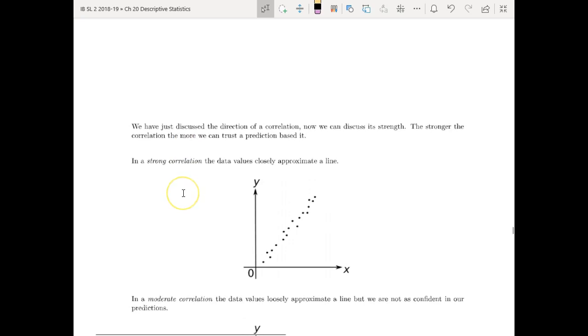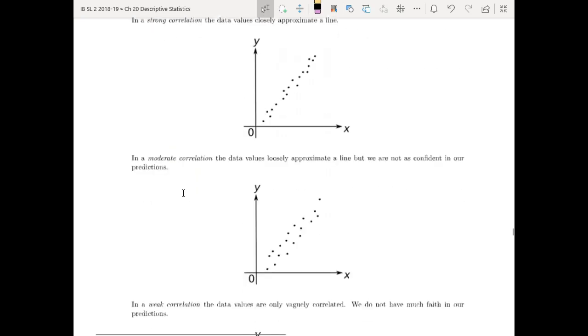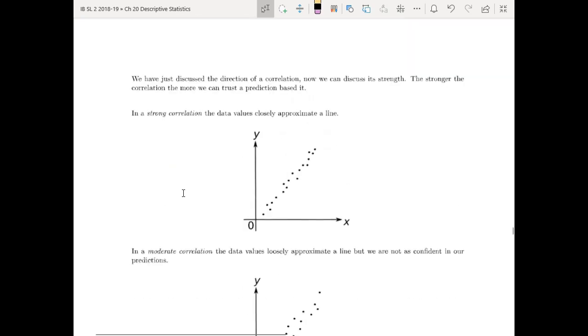So, there's different strengths of correlations. The tighter the dots are to a line, the stronger the correlation. So, you have positive and negative correlation, and then you also have strength of correlation.